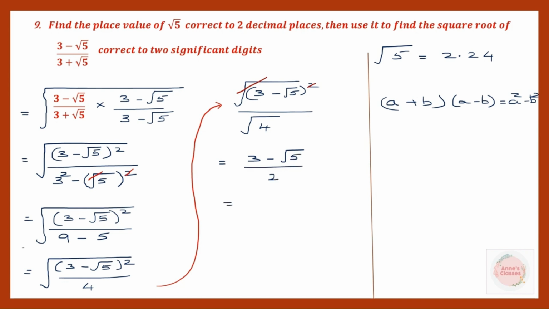So here now we can write the value of root 5, which we found in the first part of the question. So the square root of 5 is 2.24. Now we can write that here 2.24, and this is divided by 2. So this will be now 3 minus 2.24.